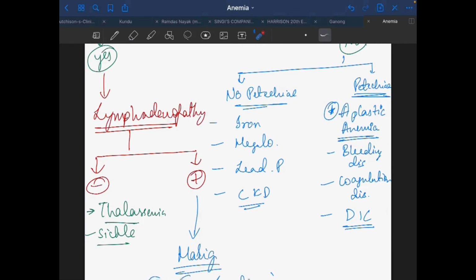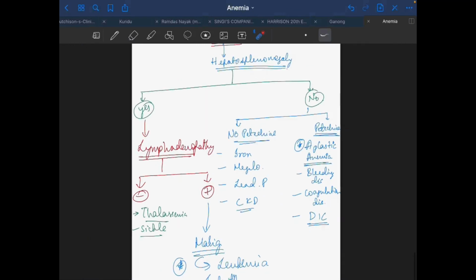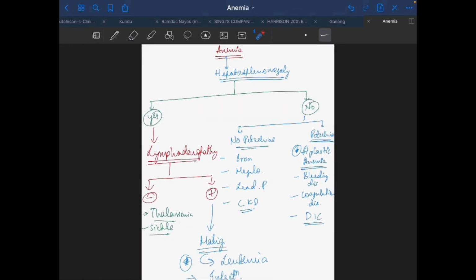So today, in short, we discussed the general clinical features of a child coming with anemia, the clinical approach, and the diagnostic approach, that is, the investigational approach to a child.